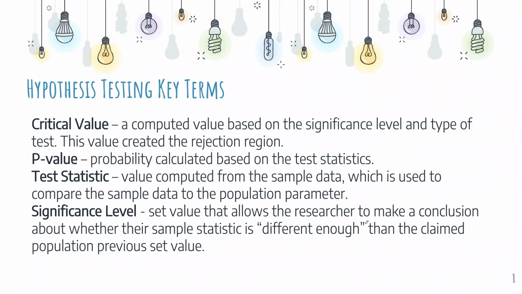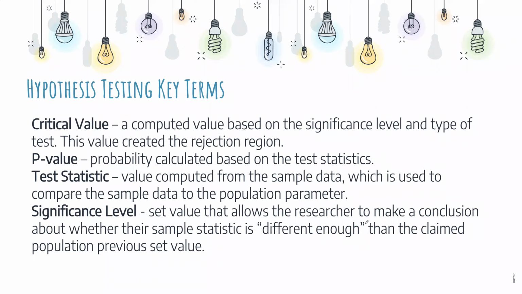I have talked about these terms before, but just to recap. The critical value is a computed value based on the significance level and the type of test that we are doing. This is the value that is going to create the rejection region for us. The critical value is like a z-score.